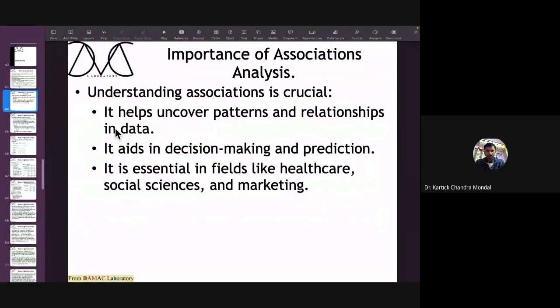For example, if we can predict from yesterday's market basket analysis example that milk is associated with bread, or milk is associated with sugar, then there are different decisions we can take in the supermarket: where to place the milk product, the bread product, or the sugar products.